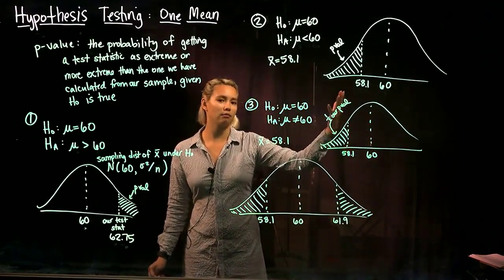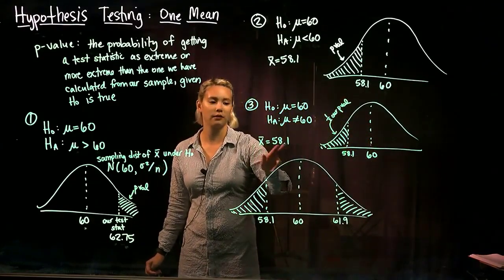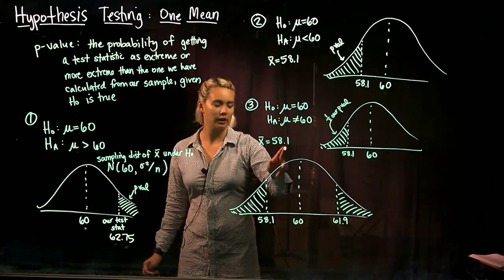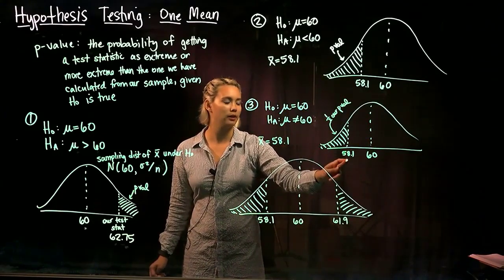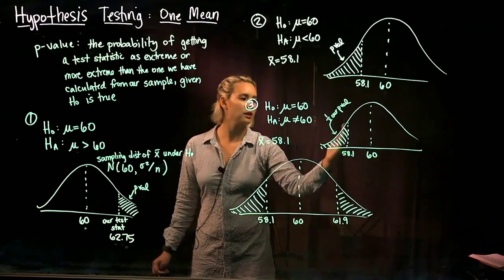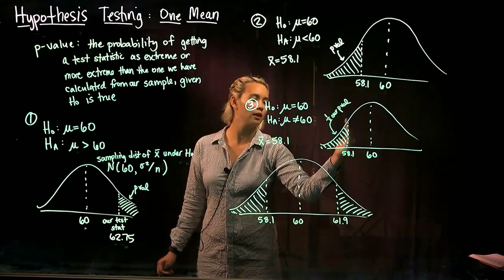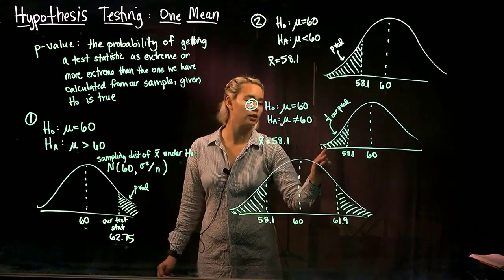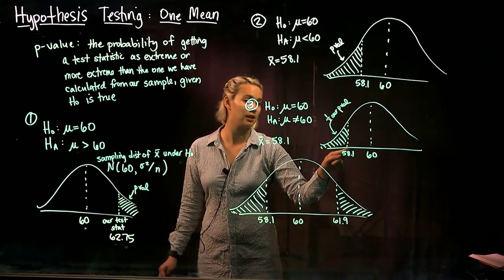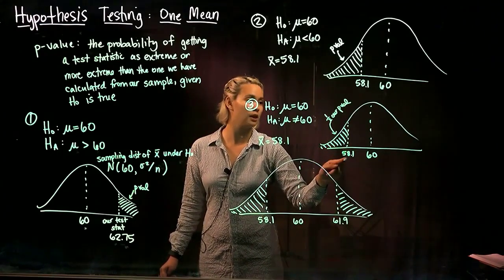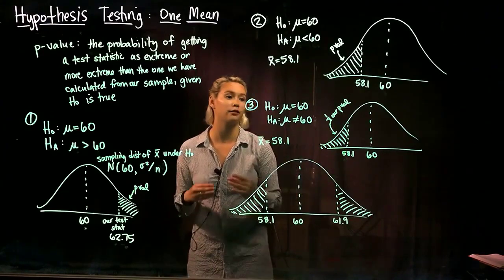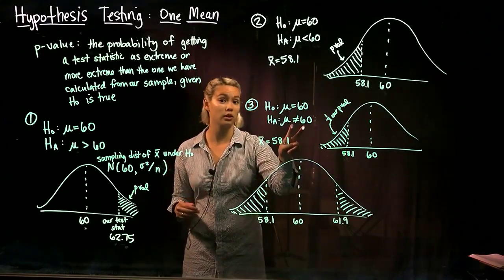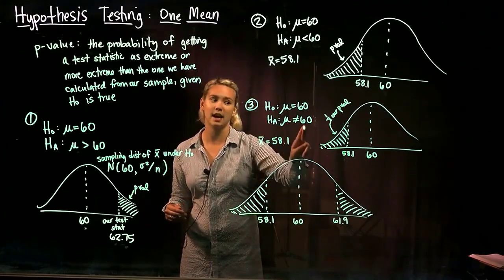Say we get a test statistic of 58.1. So we draw in 58.1. If we looked at the lower tail here, in other words, the probability of getting a test statistic less than or equal to 58.1, that's only half the story, because our alternative is mu is not equal to 60.